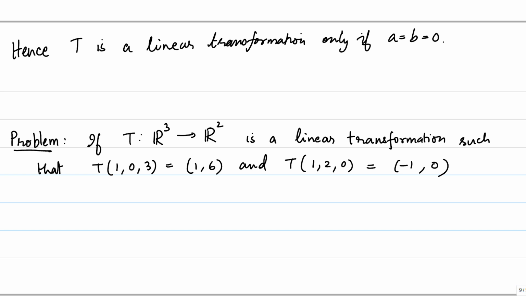So 103 is mapped to 1 comma 6, and 120 is mapped to minus 1 comma 0.